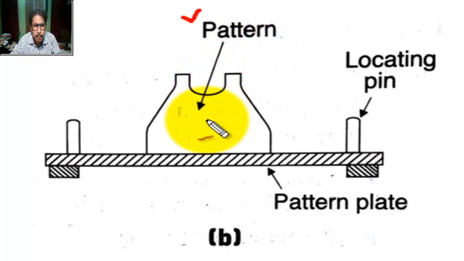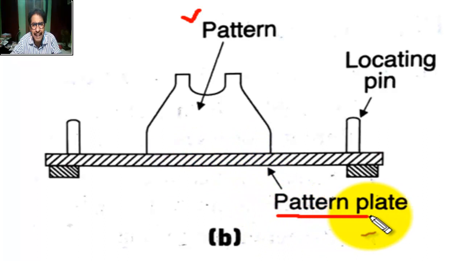Here, we place the pattern on the pattern plate. This is the pattern plate. This pattern plate is a flat wooden or metallic plate. Okay, this is for locating pin.